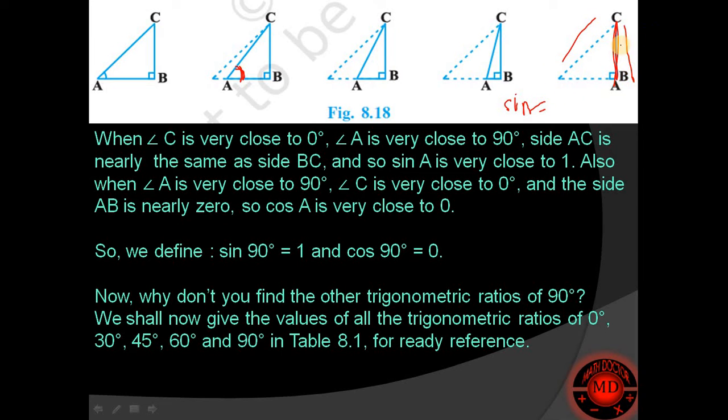Here perpendicular is BC and hypotenuse is AC, and after making this angle 90 degrees, AC is equal to BC, so this cancels out and we are left with the answer 1. So this is where we get sine 90 degrees equal to 1.